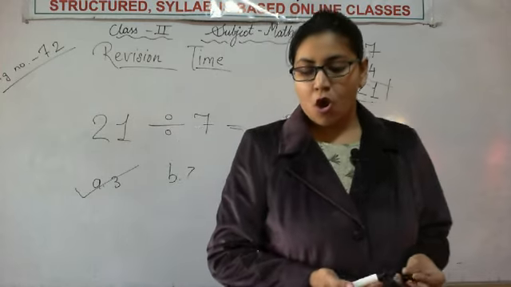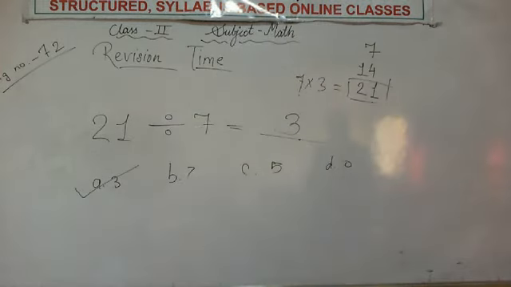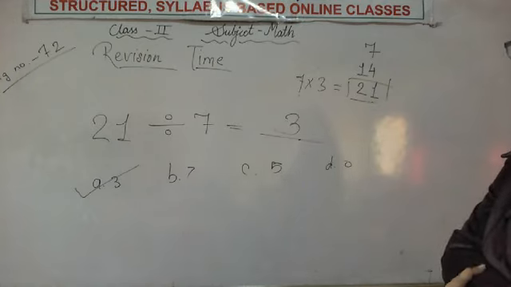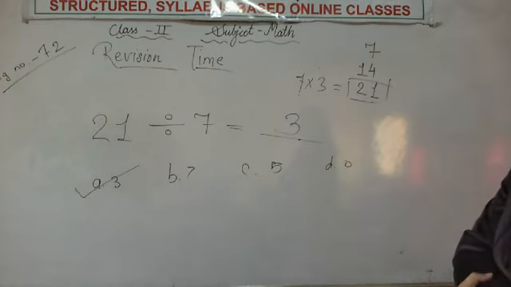So tick option A or 3. 21 divided by 7 is equals to 3. So each friend will get 3 chocolates.